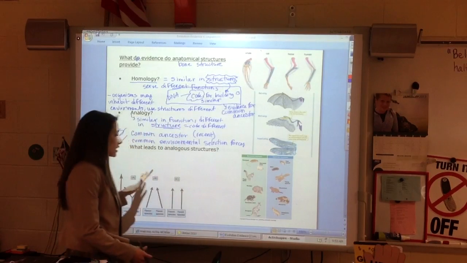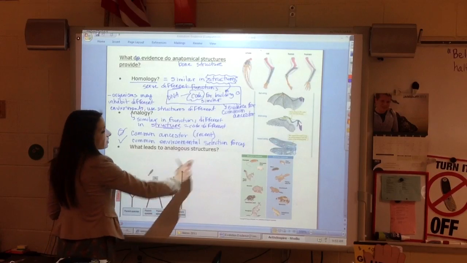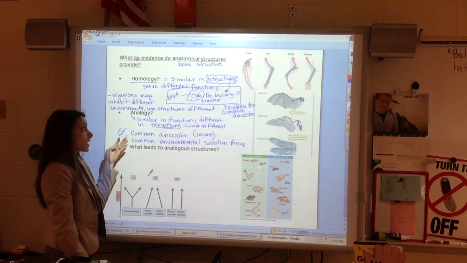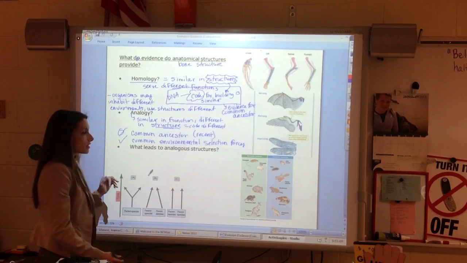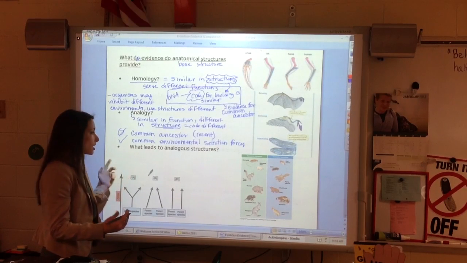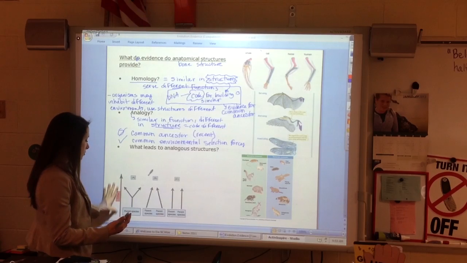And so this is where we start to get into the idea of, well, what led to analogous structures? What led to homologous structures? All of it has to do with the idea of common ancestors. And so we've got three patterns to look at.